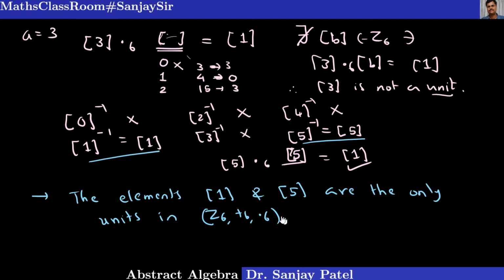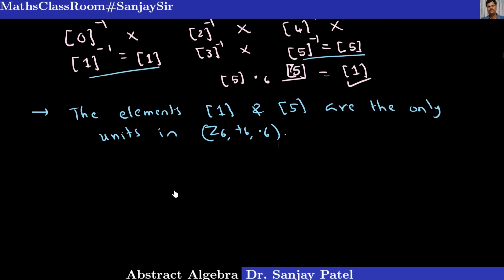And there is a close relation between this 1, 5 and the number 6. Why? The numbers which are not units, if I list them, are class 0. Let me not write 0 because we are not taking 0.